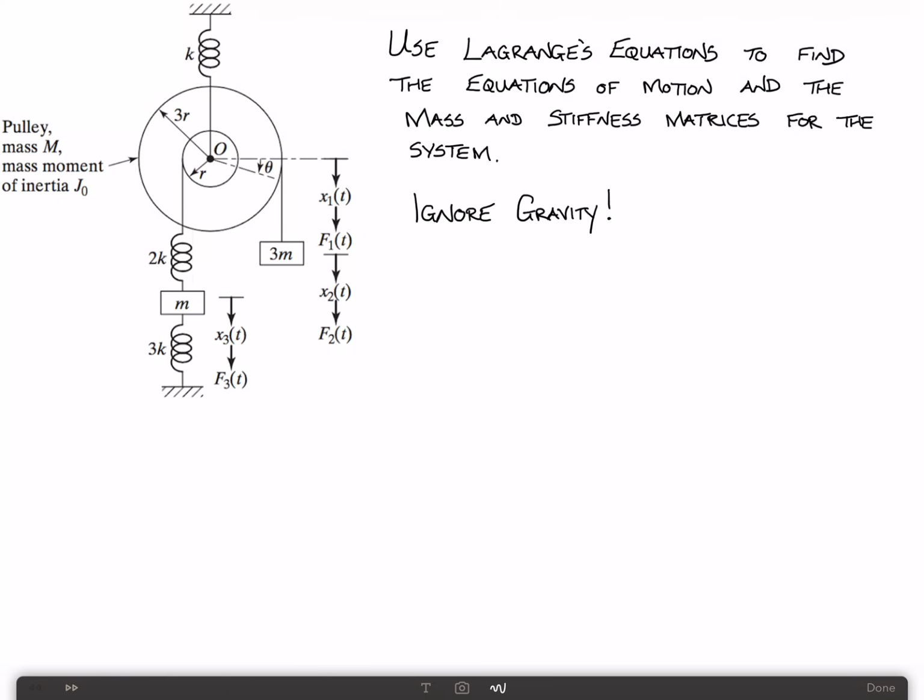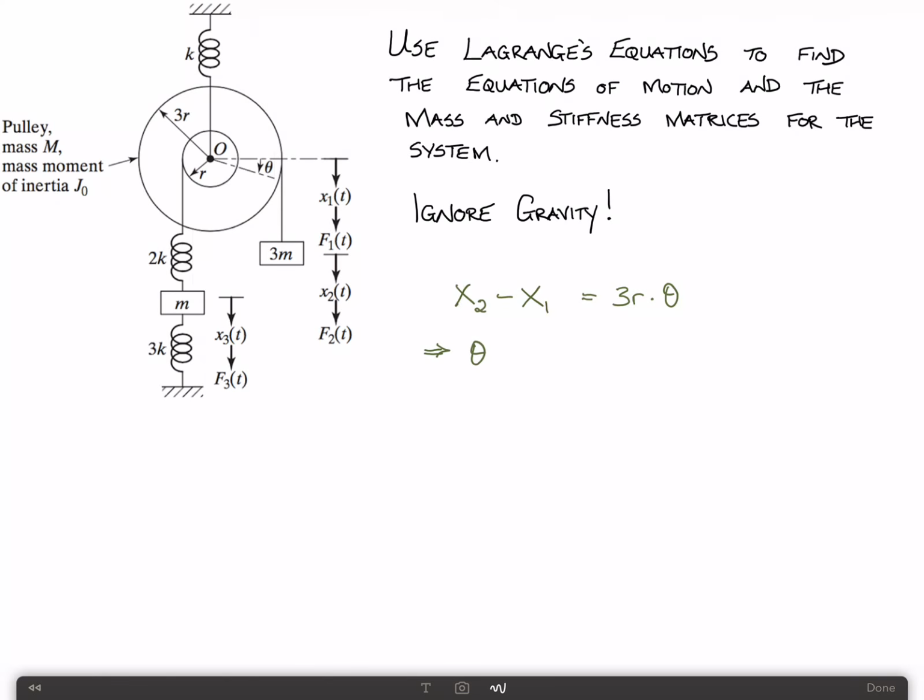In addition, we have forces F1, F2, and F3 respectively acting on the 3 degrees of freedom, x1, x2, and x3. So the first thing we should note is that there's a relationship between x2 and x1, and that relationship has to do with the angle of rotation theta of the pulley. Specifically, we can say that x2 minus x1 is equal to 3r times theta.